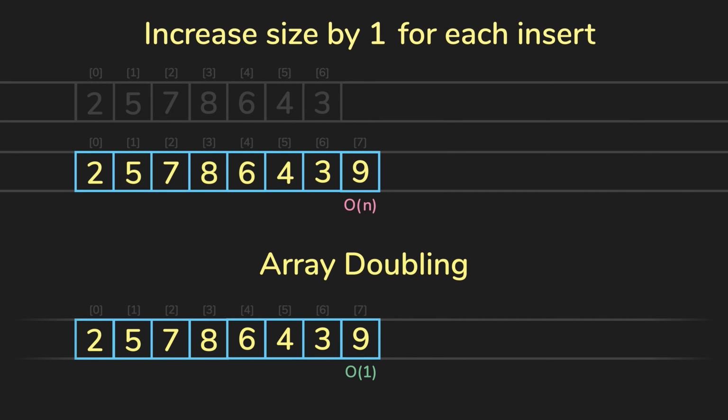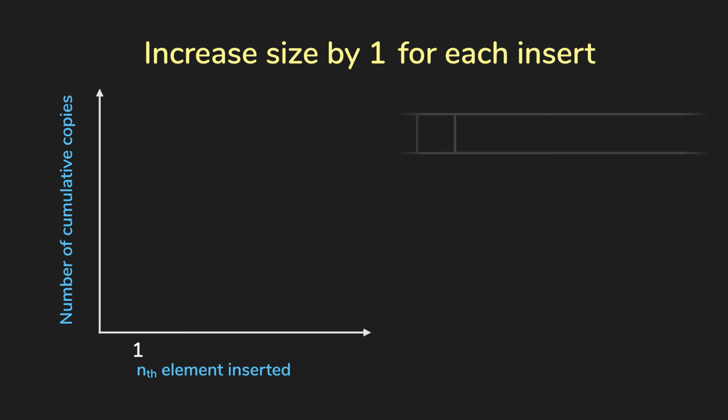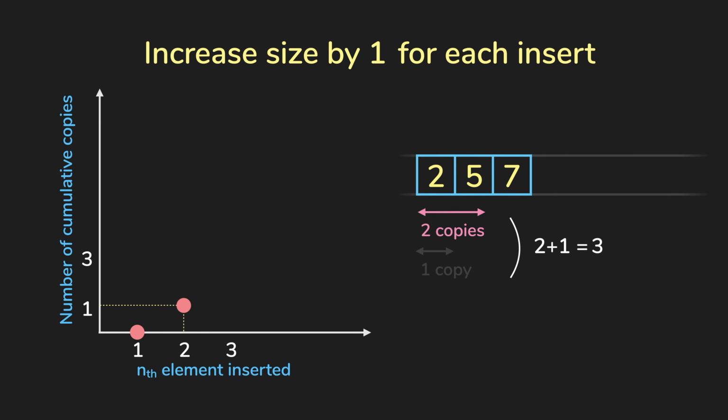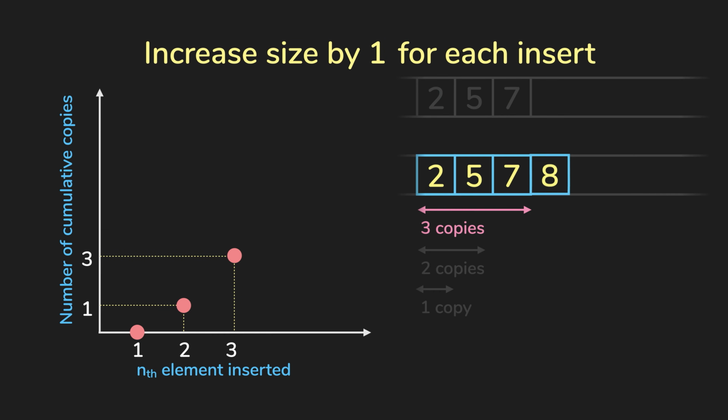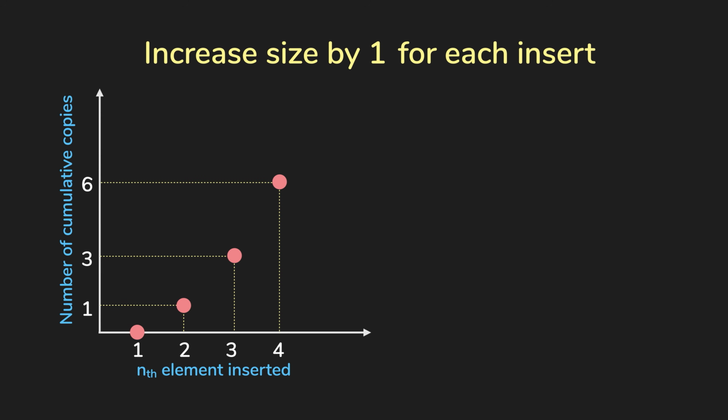Let's actually graph this, where y is the number of times we copy an element over, and x is the number of elements inserted. For the first method, first element inserted, no copies. Second element inserted, 1 copy. Third element inserted, 2 copies. Fourth element, 3 copies. So if you look at cumulatively, for 1 element inserted, you have copied 0 times.